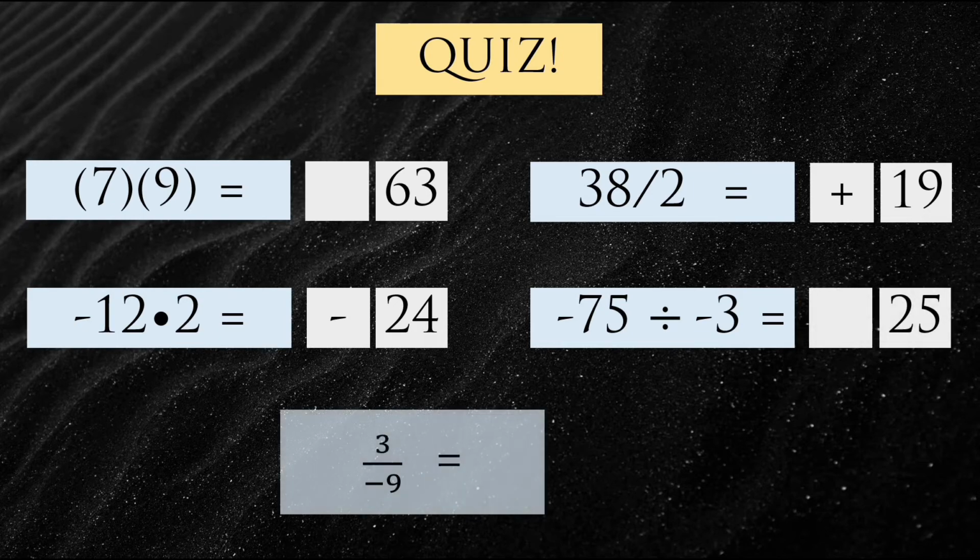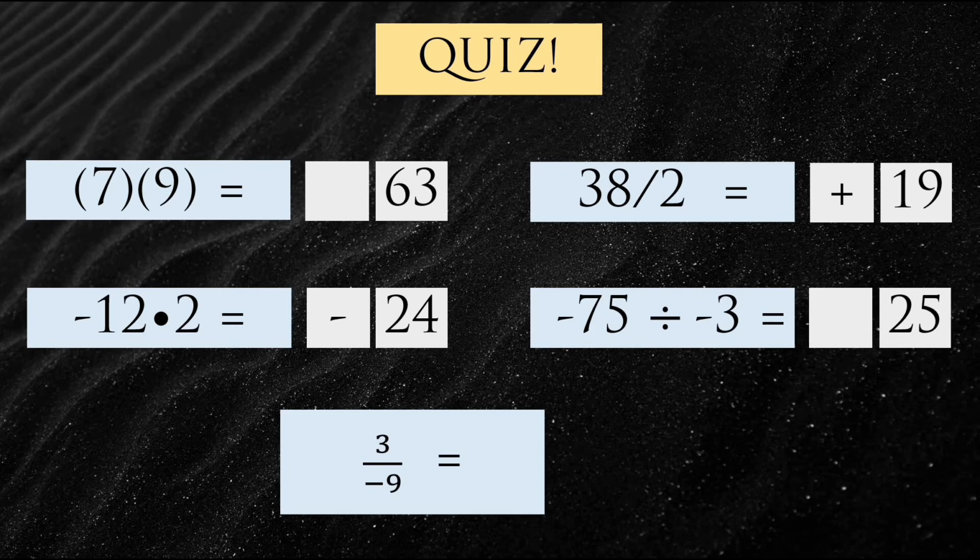And then we have 3 over negative 9. Again, positive divided by negative is negative. We simplify this fraction by dividing both integers by the greatest common factor, which is 3. So 3 divided by 3 is 1, and negative 9 divided by 3 is negative 3.